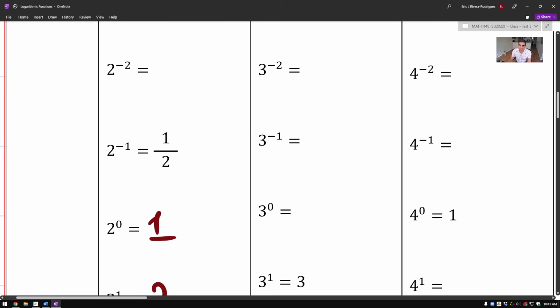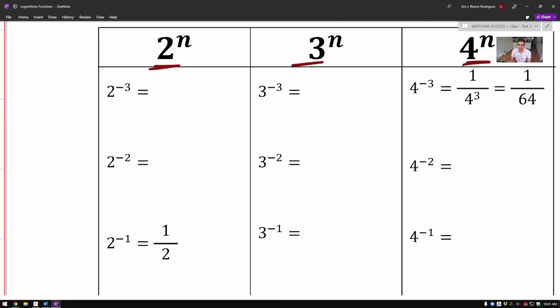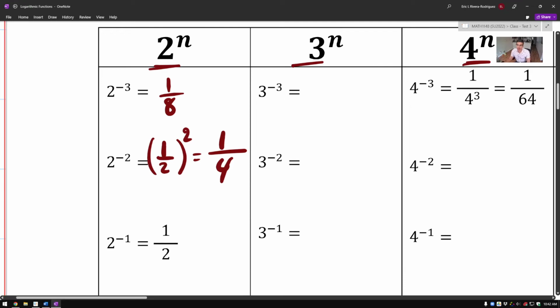But if we go back and now use a negative value for the exponent, 2 raised to the power of negative 1 is the reciprocal, 1/2. Then we have 2 raised to the power of negative 2. First apply the negative, 1/2 raised to the power of 2, which is 1/4, and so on, 1/8.